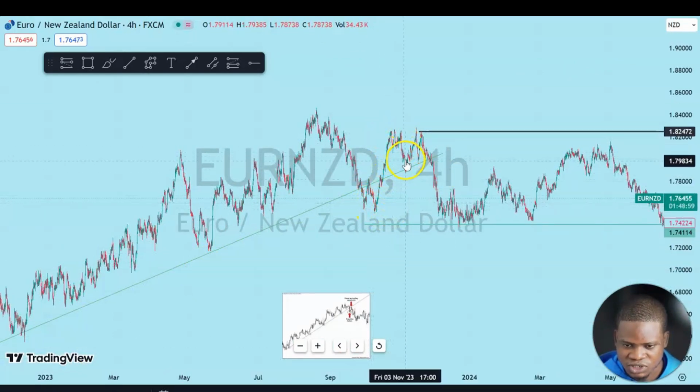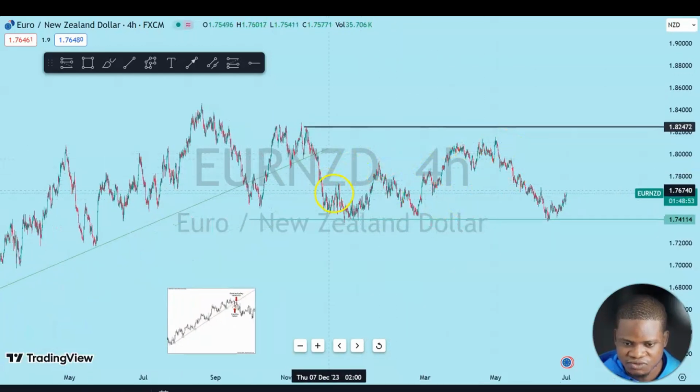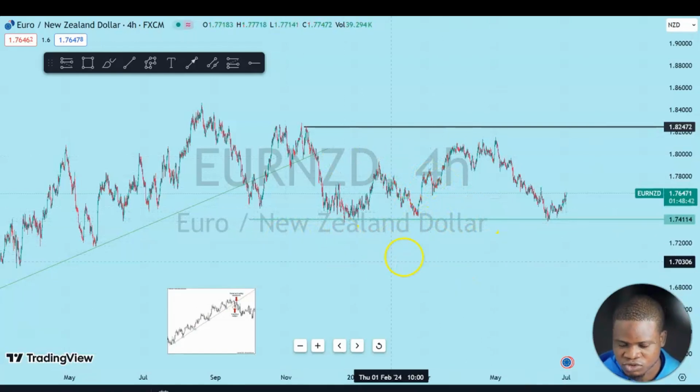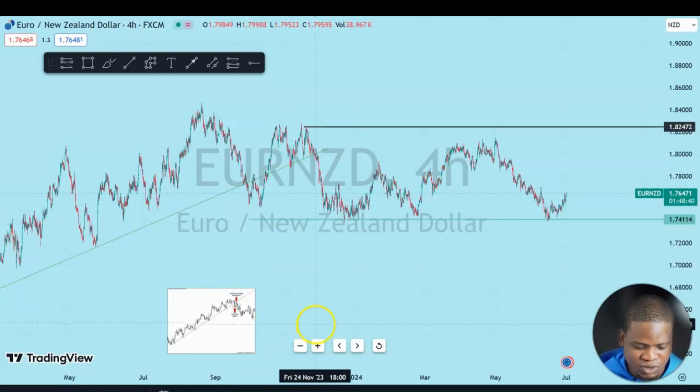Then it came back and tested the trendline here, and it broke here, signaling a possible trend reversal. So the market is not in an uptrend anymore at this point, and there is a high probability that the market starts going downtrend from this place, except this support holds, right? So that is what a trendline does in your chart.